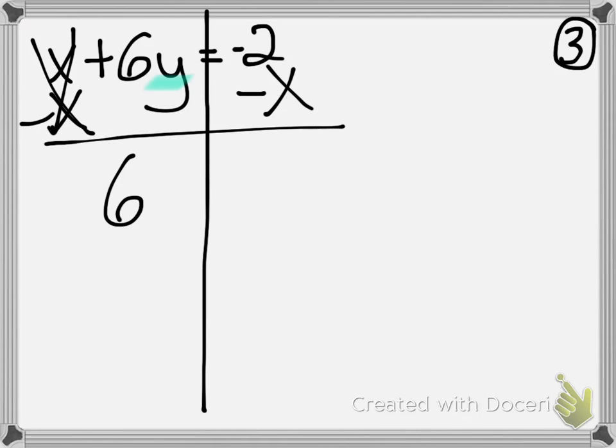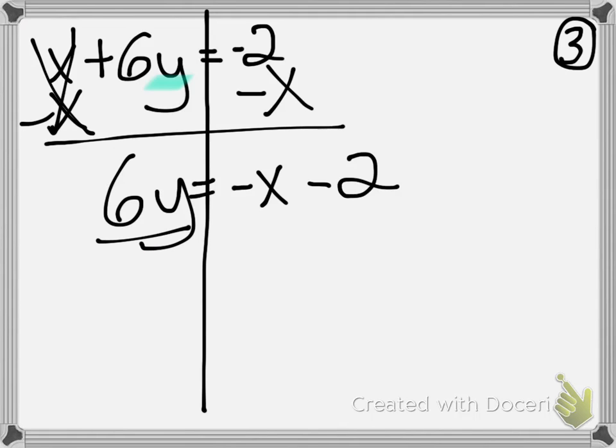You have 6y equals negative x minus 2. Okay? Now, the last thing I need to get rid of is 6, because 6 cannot be next to y. We need it to be separate. So, divide by 6, and everything gets divided.